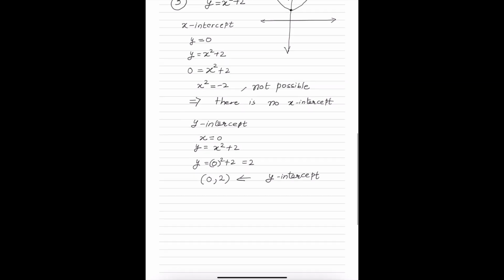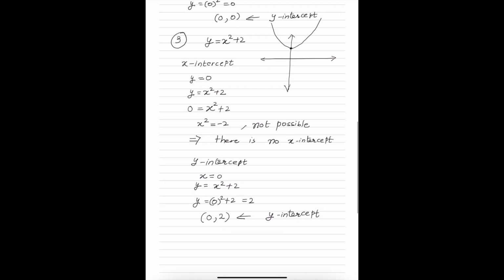And when we go back to our graph, we will see this is the point where the graph y equal to x squared plus 2 is cutting through the y-axis. So this point is the y-intercept, and mathematically we have found the coordinates of this y-intercept as 0, 2.